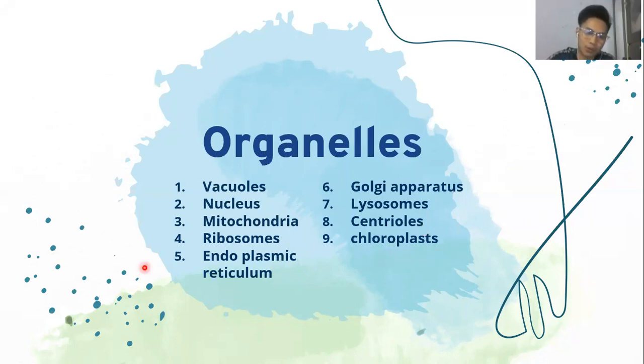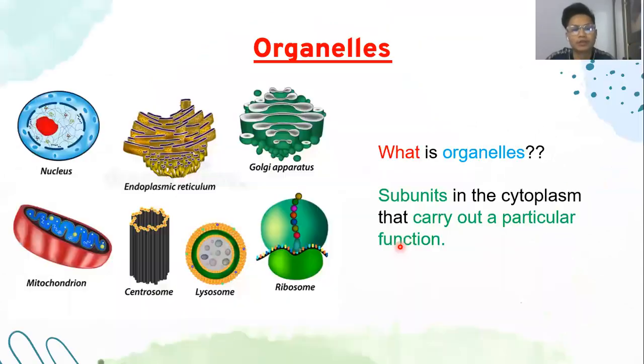If you want to remember these organelles, you can make an acronym such as V and M until C, so you can recall it when you are in the examination. So first, what are organelles? Organelles are subunits in the cytoplasm that carry out a particular function. Each of these organelles has its own function.